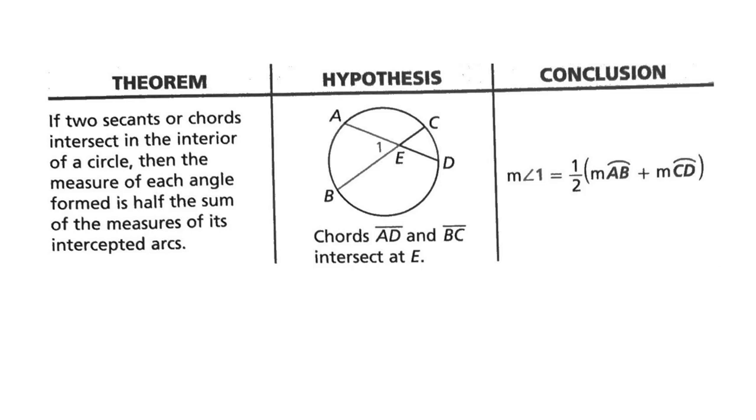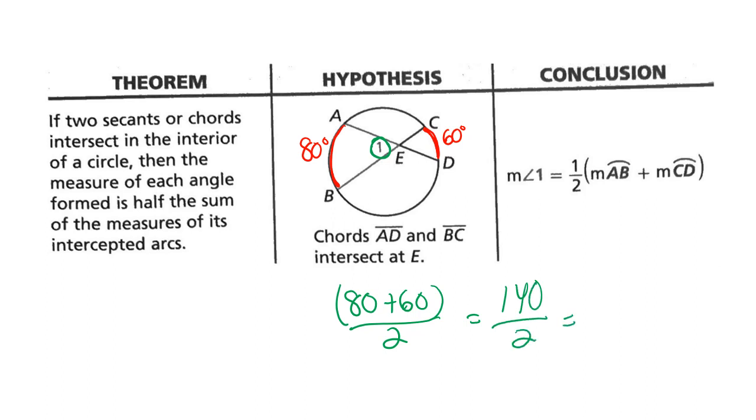As an example, say this was 80 degrees, arc AB, and CD is, I don't know, 60 degrees. Well, all you're doing to find angle 1, this angle right here, is you add the two numbers together and then just divide by 2. So 80 plus 60 is 140, divide by 2, and you get 70.